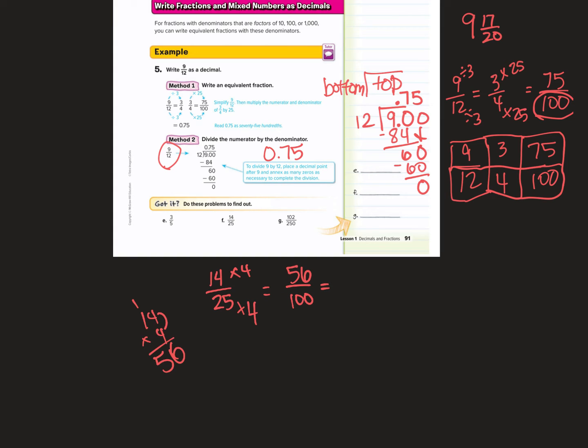How would I write that as a decimal? 0 and 56 hundredths. That's for letter F. Let's do letter G. Now 250, can I make it easy into 100?